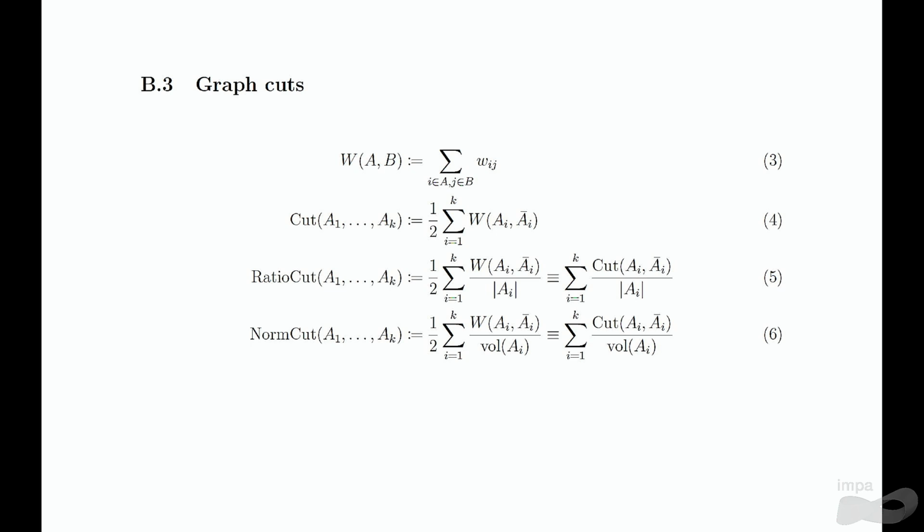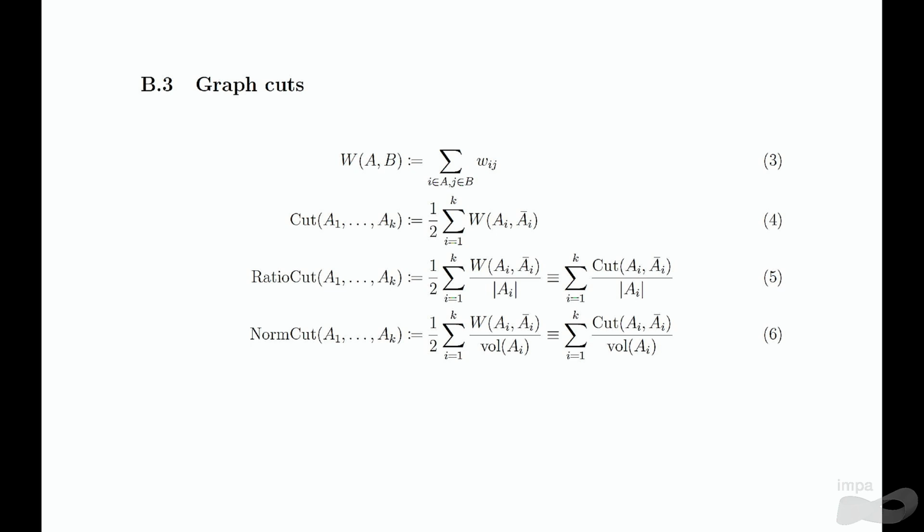This is one notion. We can also normalize by the size of these sets or by the volume, being the sum of the degrees of elements in this set. So from the cut perspective, the idea is that to cluster vertices, we want comparatively small connectivity between components, and large and frequent connectivity within the connected components.